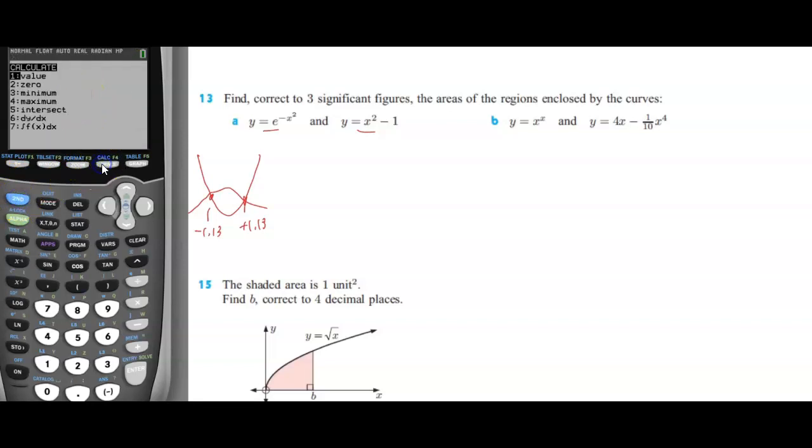So second calc, integral 7. The first thing I need to do is select the function y3, which I do by using the up and down arrows. So I went up, and y3 equals y1 minus y2 is selected. Now I need to type in the lower limit negative 1.13, and my positive upper limit 1.13.